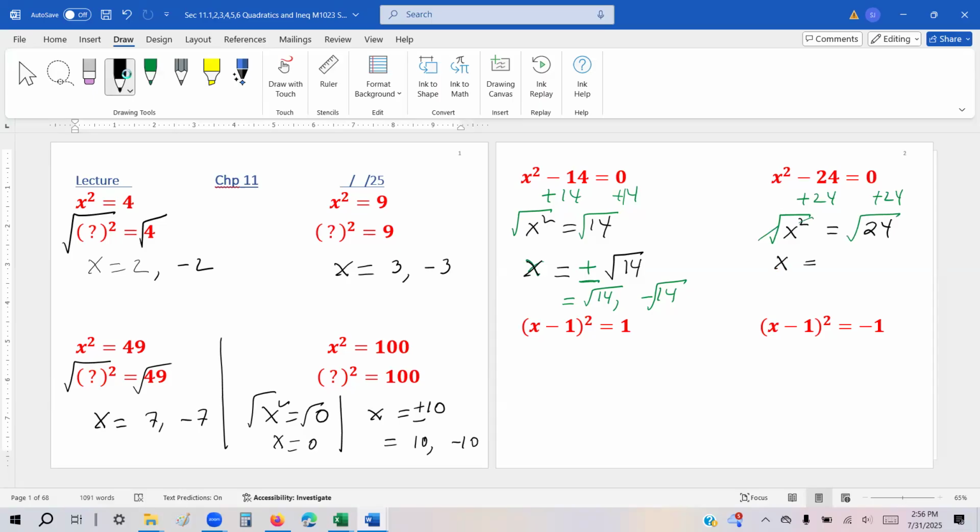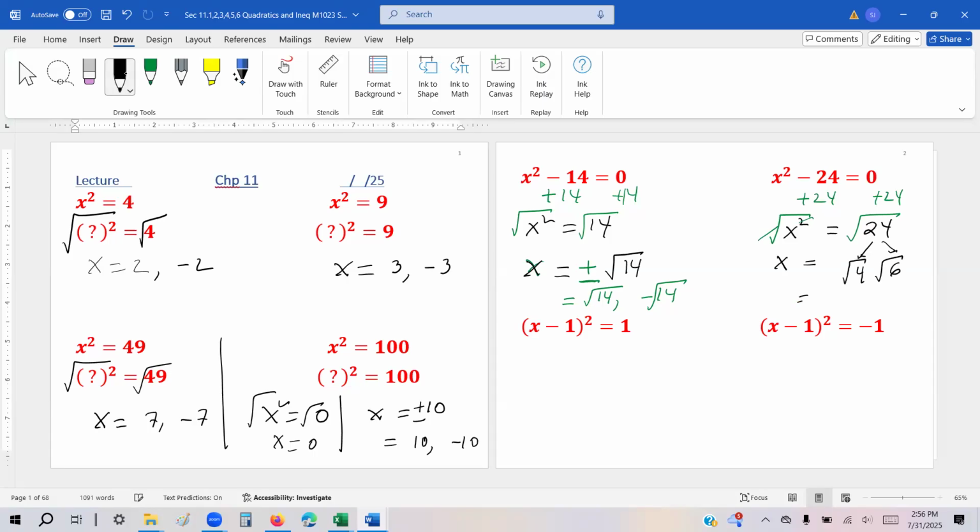And what do you get from square root of 24? Can you reduce 24? We could not reduce 14. But how about 24? Can you divide 24 by a perfect square number? 6 and 4. So it's 4 times 6.